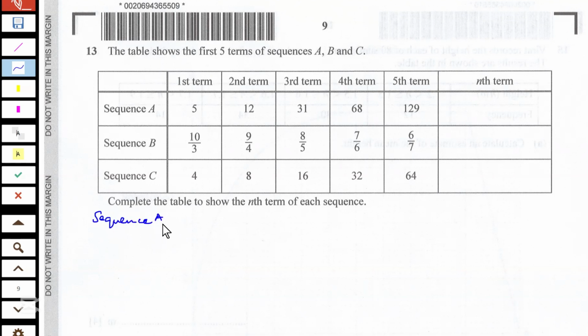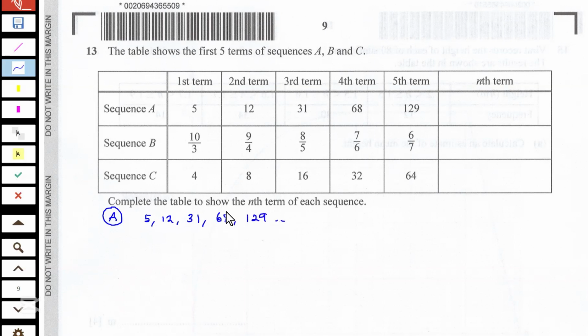Now, sequence A: 5, 12, 31, 68, 129. So this is for A. So the terms are 5, 12, 31, 68, and 129.